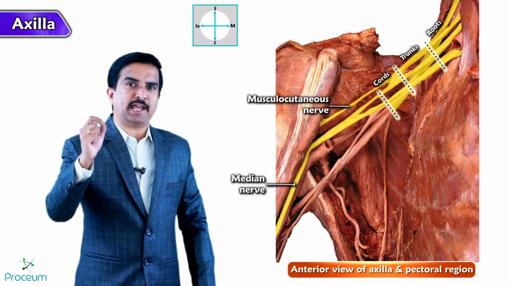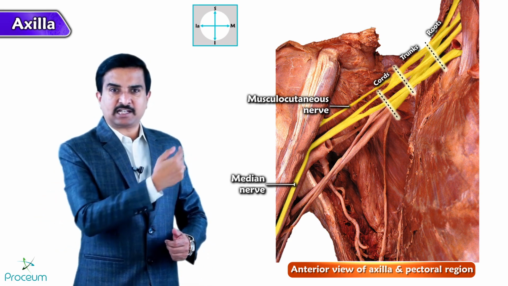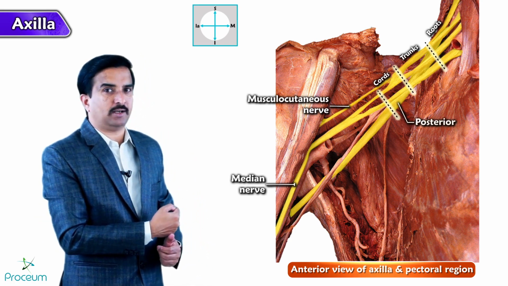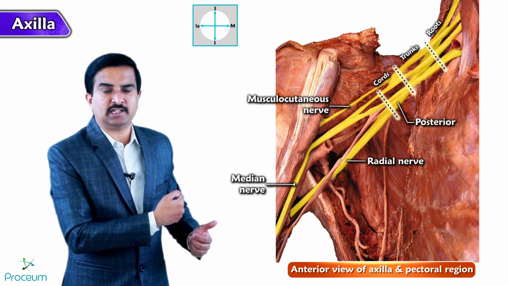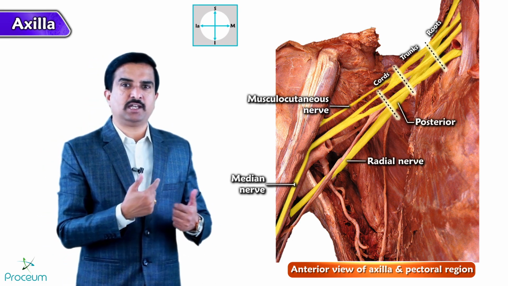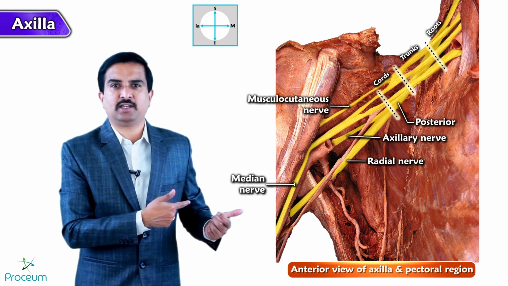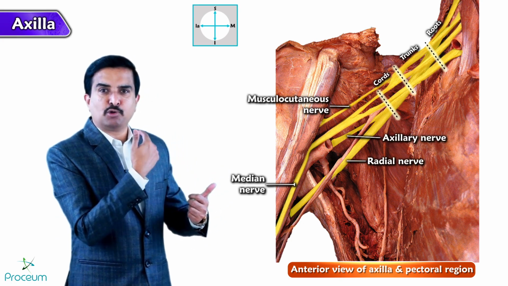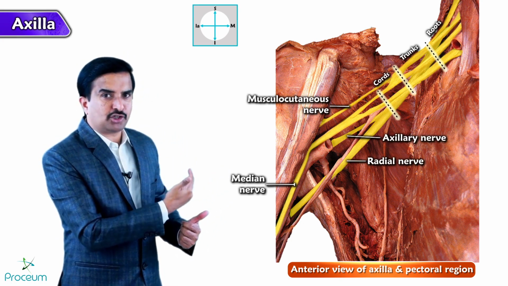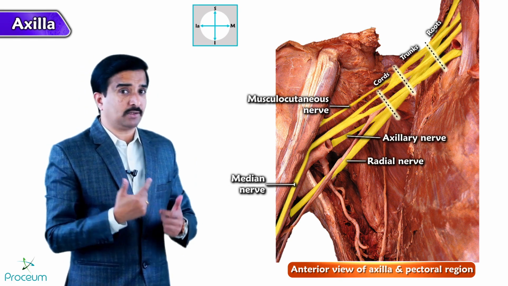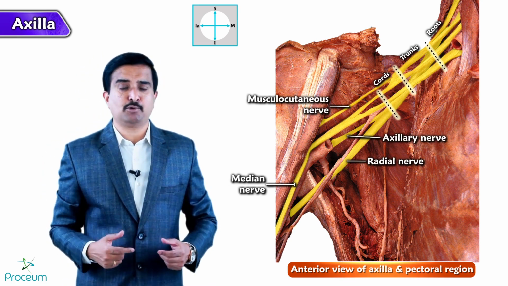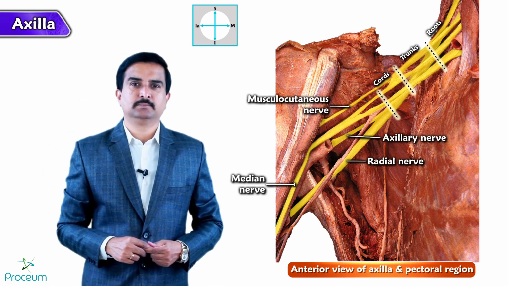And the thick branch which appears as the continuation of the posterior cord is what? Is the radial nerve, right? The posterior cord gives rise to radial and axillary, and it runs posteriorly into the posterior compartment of the arm because it supplies the muscles of the posterior compartment of the arm.